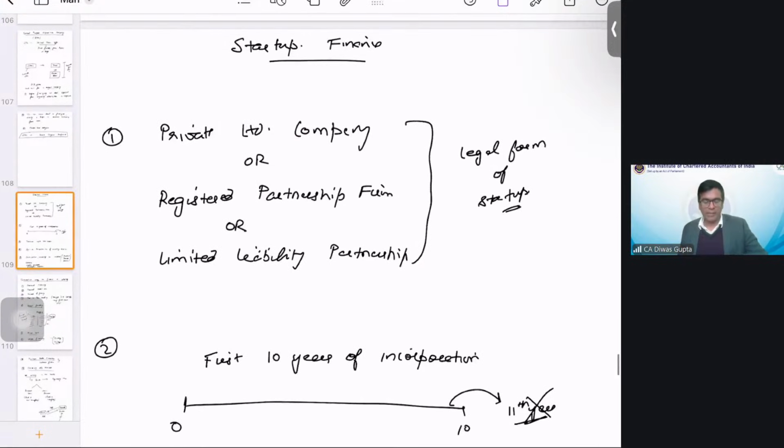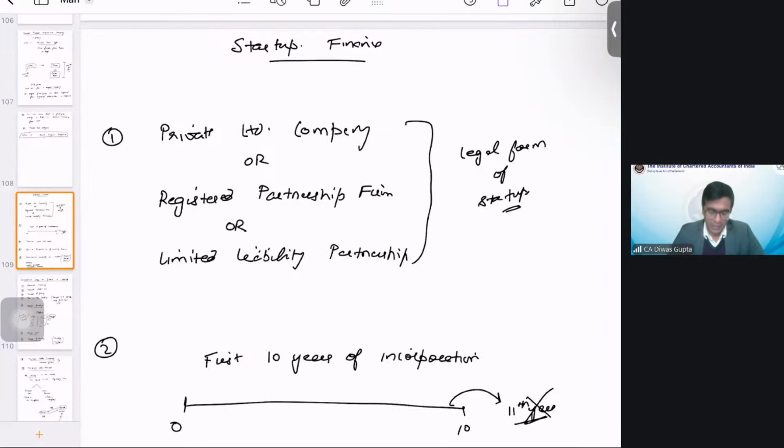Let's quickly come to startup finance, students. Okay, so startup finance we will cover briefly. It's not a very big thing. So for startup finance, students, first of all, we need to understand what is called a startup. Basis a notification from the government of India, the definition of startup is given.